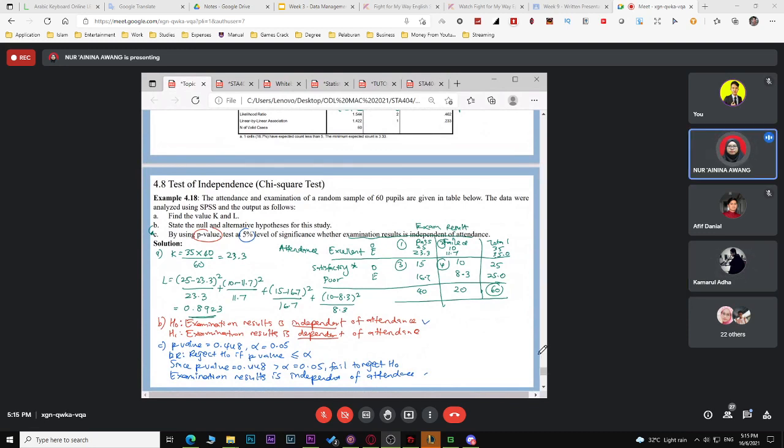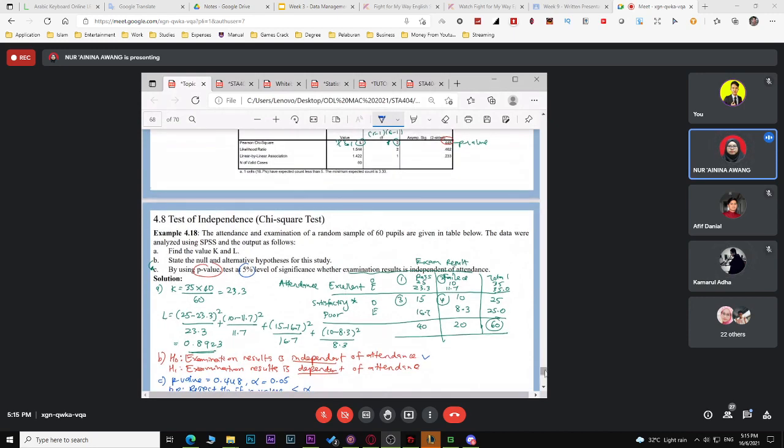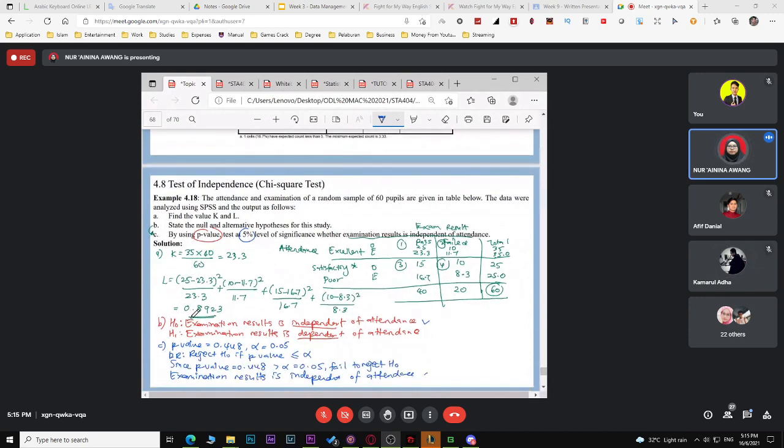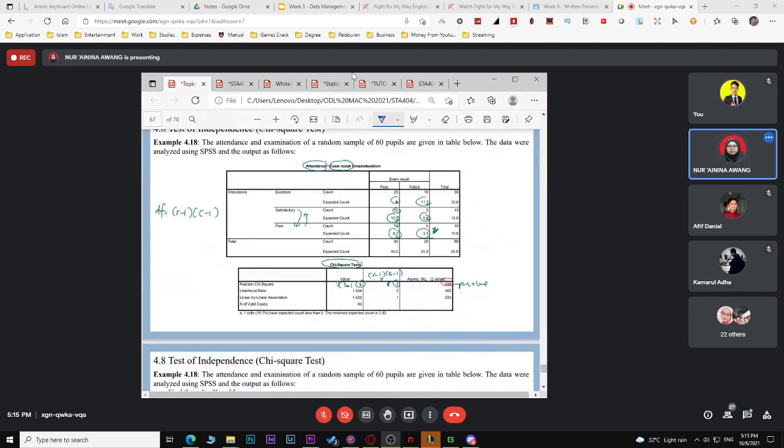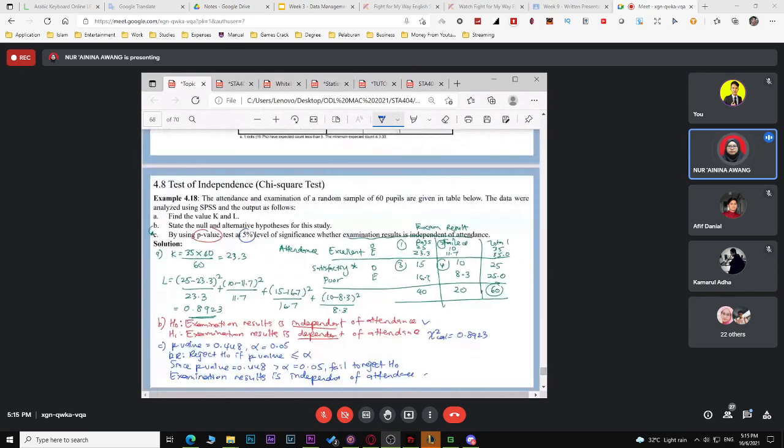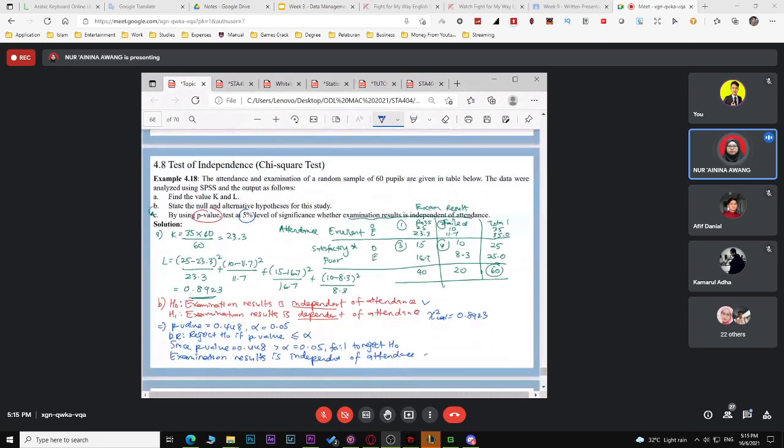If you want to use the chi-square calculated, in this case you will use this value, 0.923. But in this case, you can use the degrees of freedom for this one, since you already combined the table.